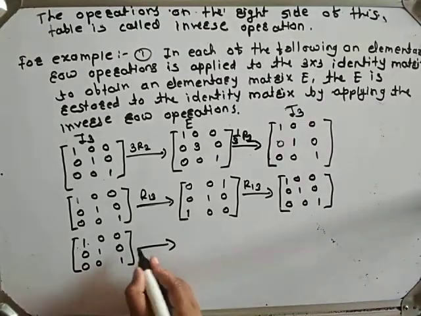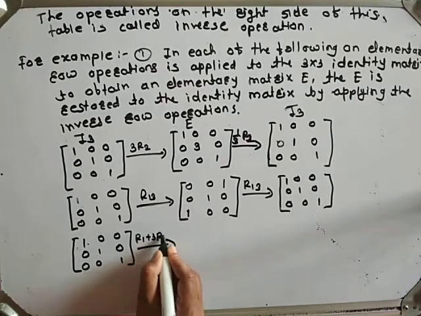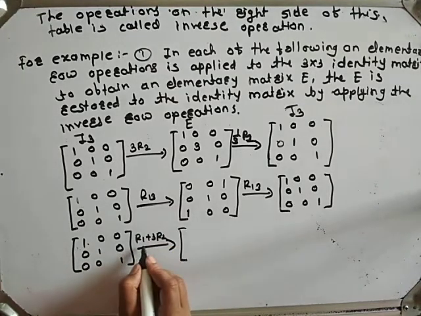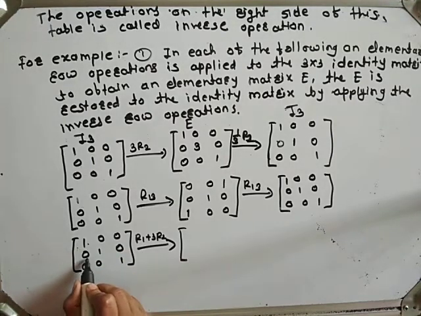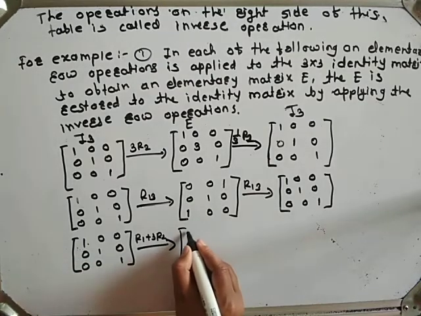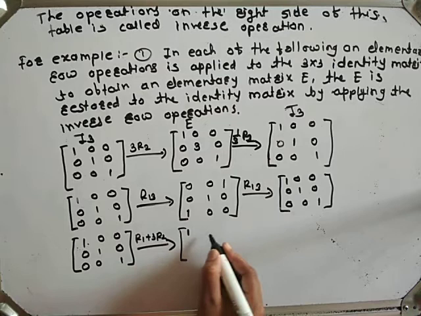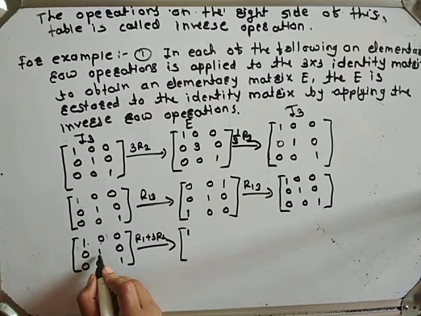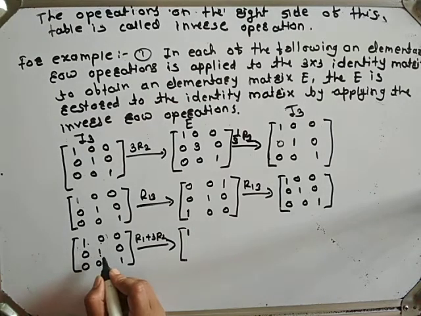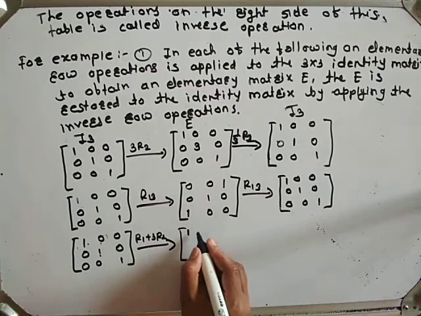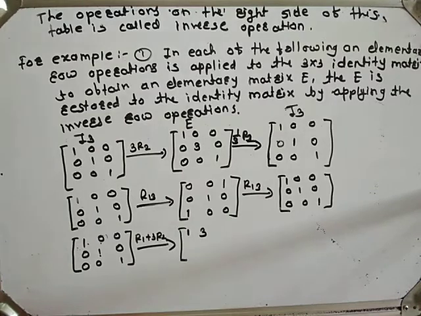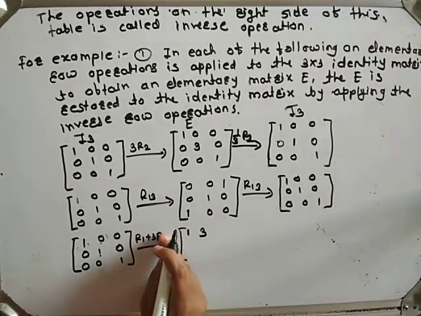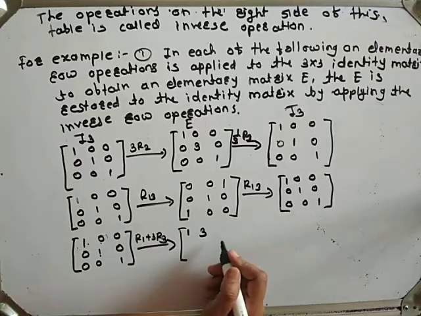Matrix 1 0 0, 0 1 0, 0 0 1. Here we perform the row operation R1 plus 3 R3.